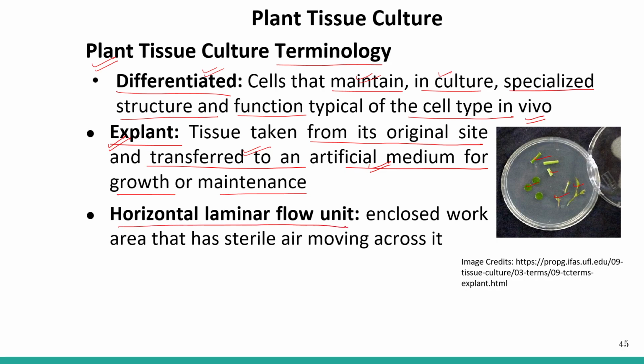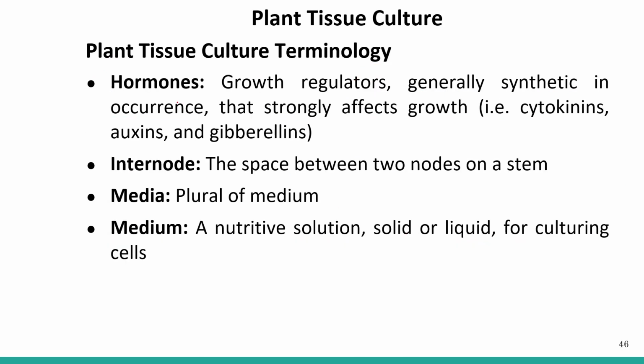Horizontal laminar flow unit: this is an enclosed work area that has sterile air moving across it. This we have already discussed in the previous session. Hormones: growth regulators, generally synthetic in occurrence, that strongly affect growth. Some of the growth regulators used in plant tissue culture are cytokinins, auxins, and gibberellins. Internode: the space between two nodes on a stem.